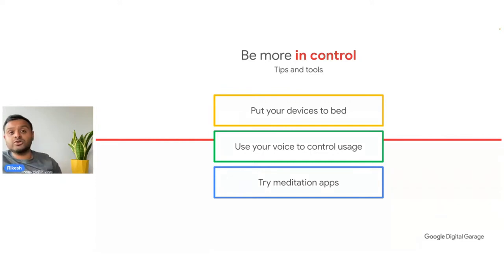We can also make sure that we still get important notifications or phone calls. If you're getting calls from certain family members or friends, you know, okay, this must be important if they're ringing at this time in the evening. You can set those exceptions up when you set a do not disturb mode. Going forward, you can also use your voice to control usage.